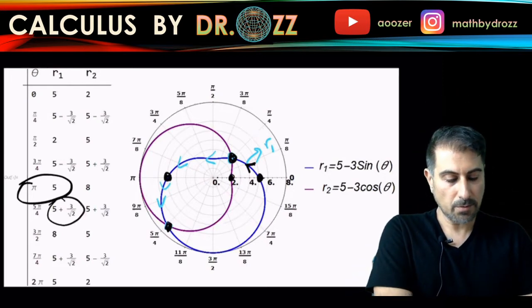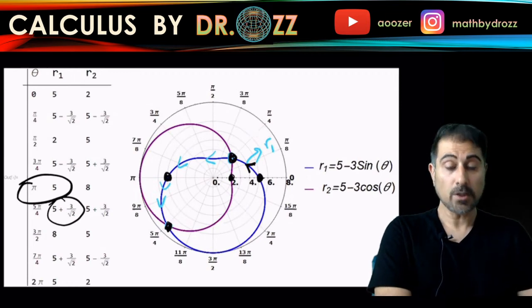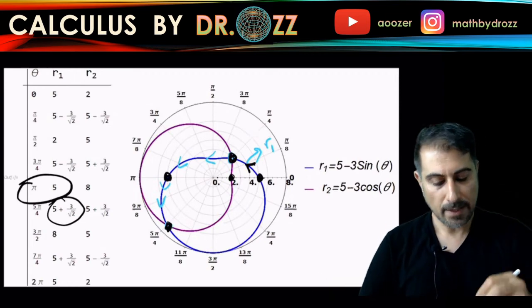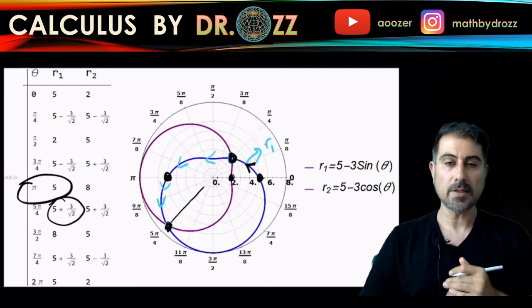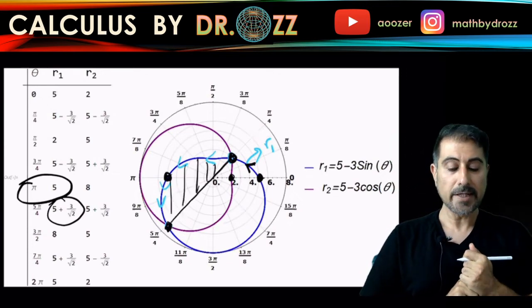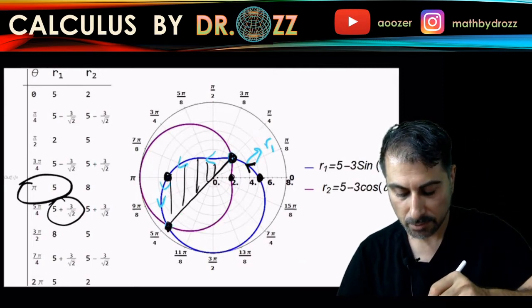So what I'm going to do is move R1 from pi over 4 to 5 pi over 4 and use the area formula for that, and that's going to give us this area. I'm going to multiply it by 2 to get the area of the total interior.